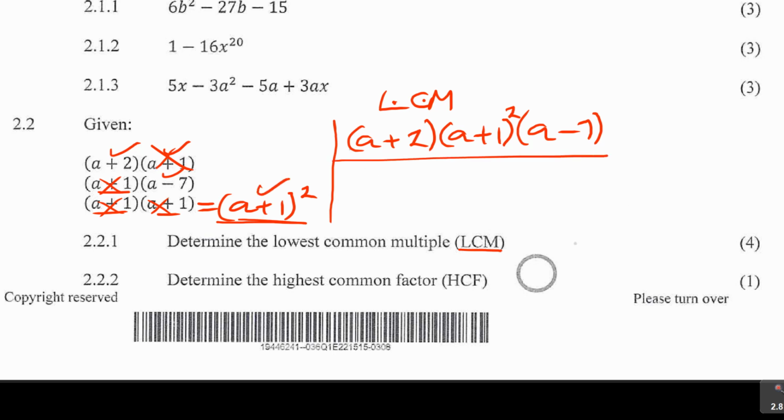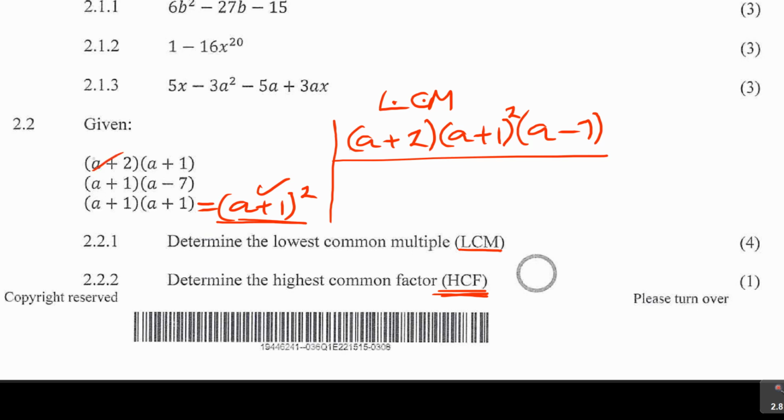That is the answer they wanted there. So I'm just going to erase to make sure that I didn't lose out anything. So look at it. You take a plus 2, you take a plus 1 squared, you take a minus 7. Now when they say highest common factor, you come back to this. In the highest common factor, you look at the factor, at the one that is repeating in all the three.